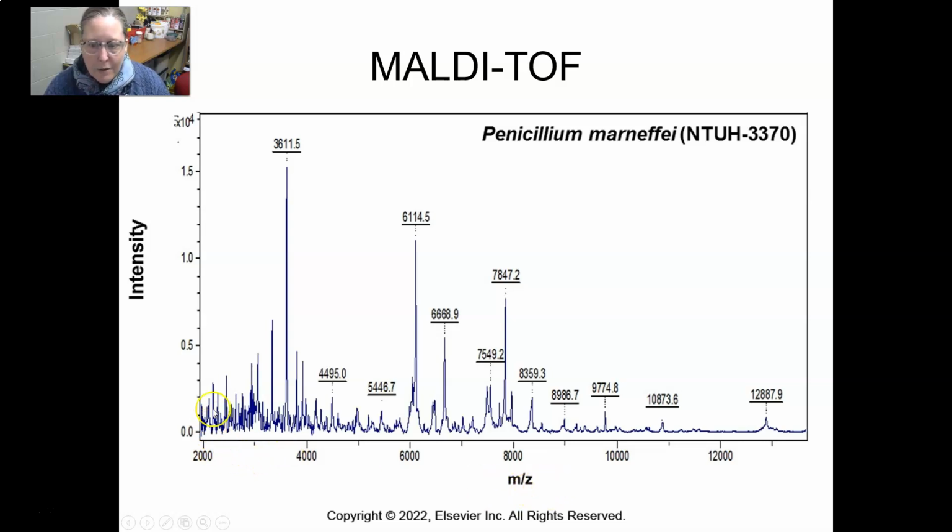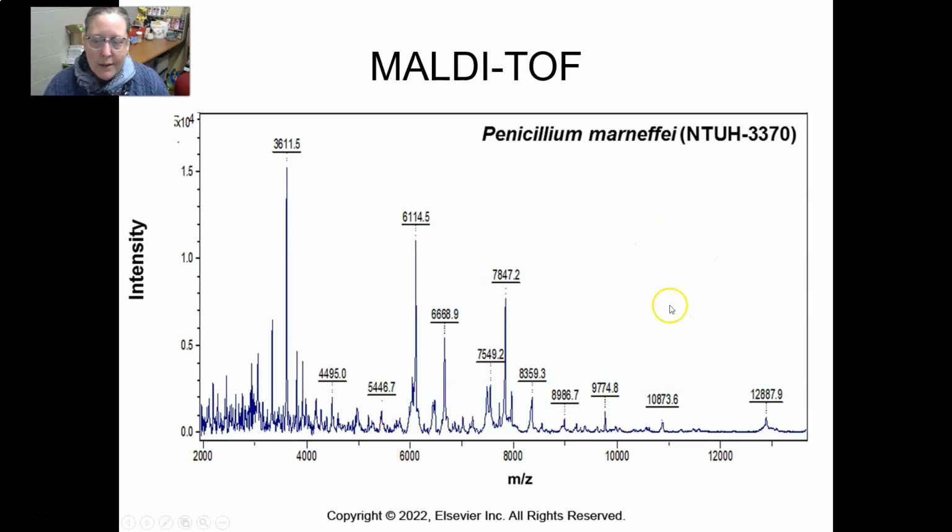And it generates a mass spectrum, which to me kind of looks like a city skyline, right? And each organism has a specific one. It has a specific look, just like each city has a specific skyline look. Each organism has its own mass spectrum that is unique to it.